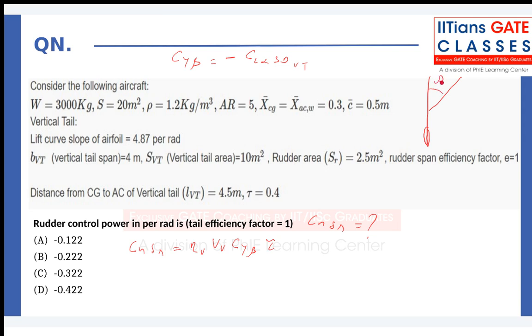So positive beta creates a force in this direction, correct? Now, according to our axis, your positive y-axis is here. So if I create a force in the opposite direction, the force created is minus Fy. So Cy beta will be negative of Cl alpha 3D. So this Cy will have a negative sign inherent in it.